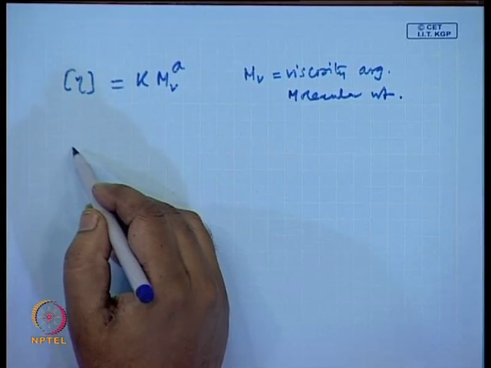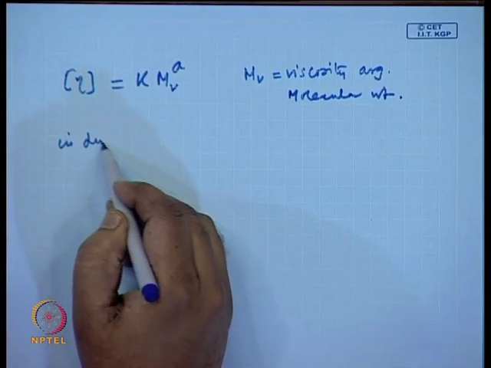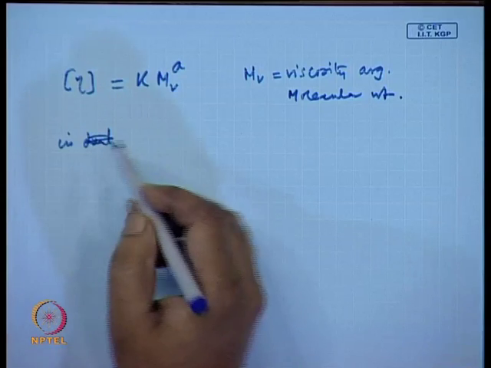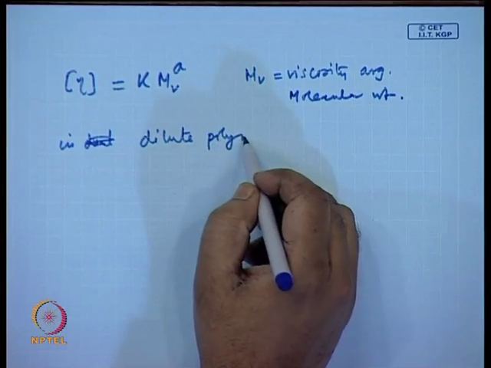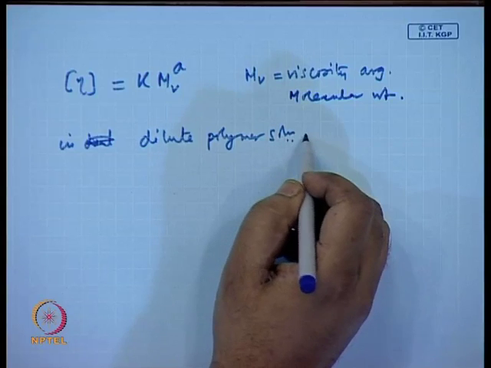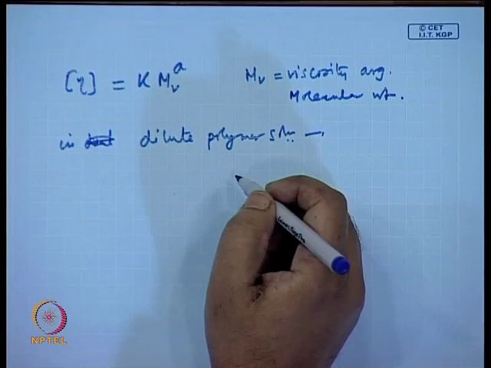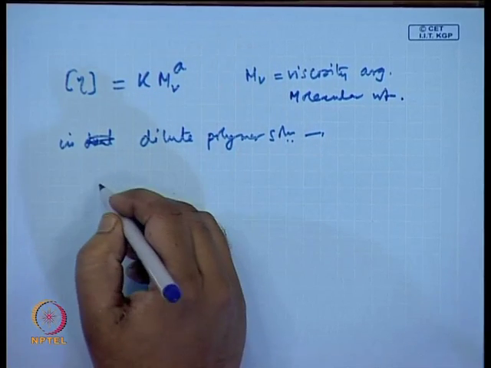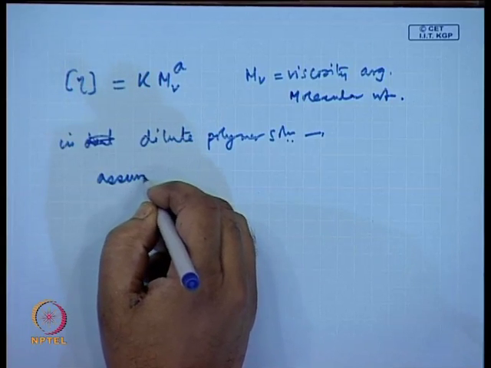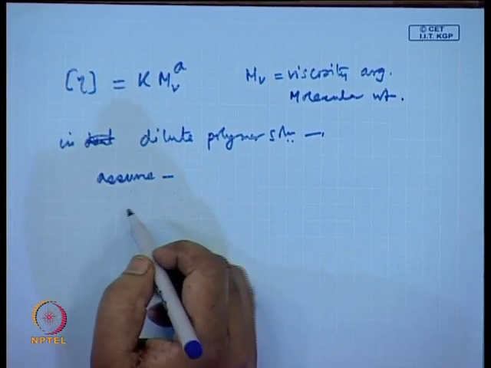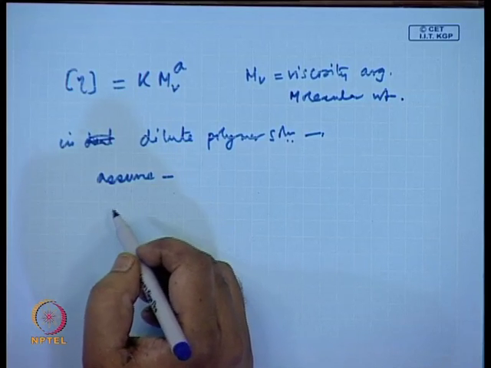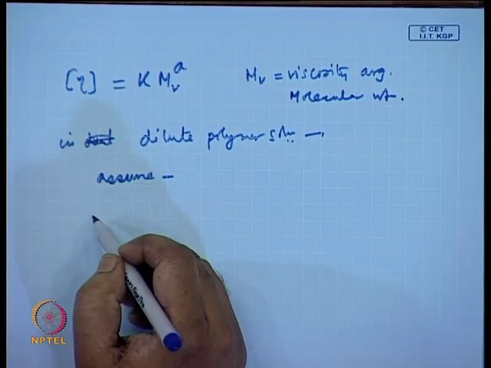In dilute polymer solution, we can assume the following; these assumptions are reasonably okay to make.